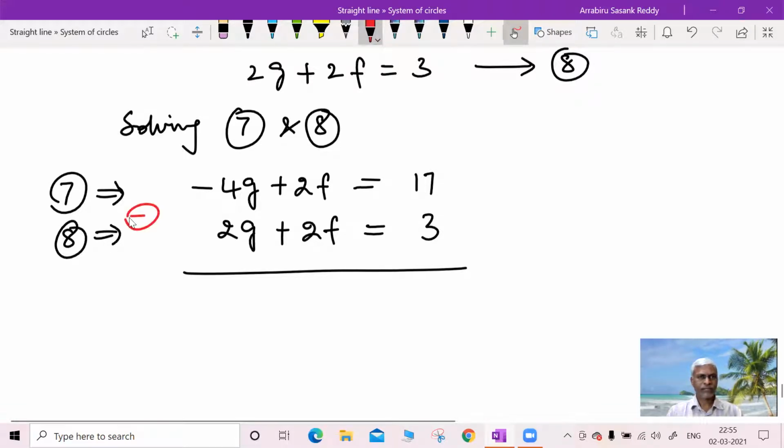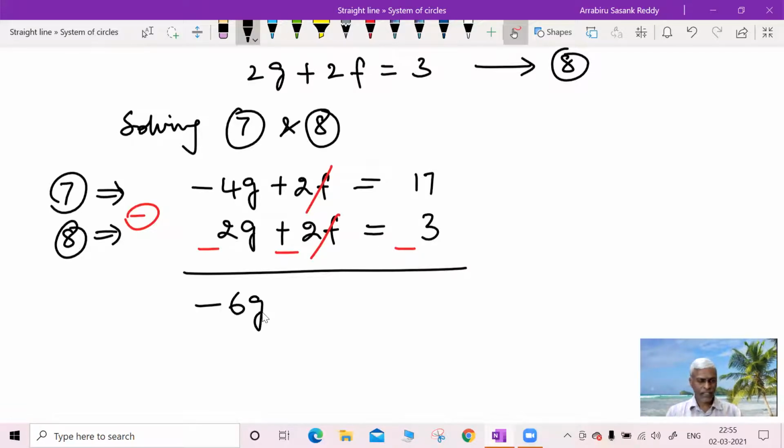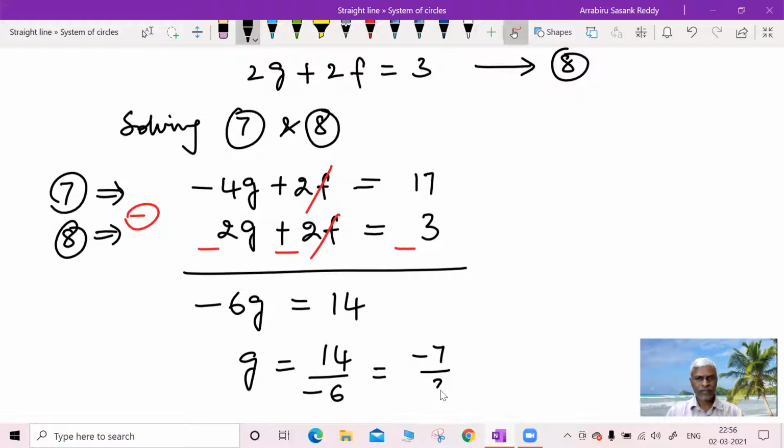Subtracting, 2f will get cancelled. Minus 6g is equal to 17 minus 3. Minus 6g is equal to 14, and the g value is 14 by minus 6, that is minus 7 by 3.